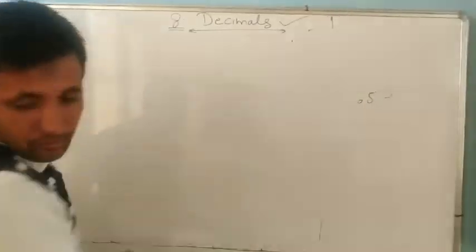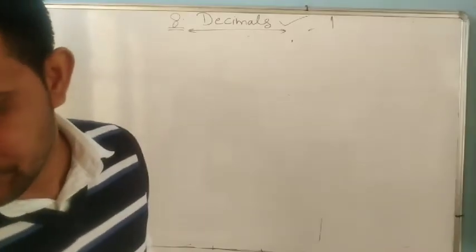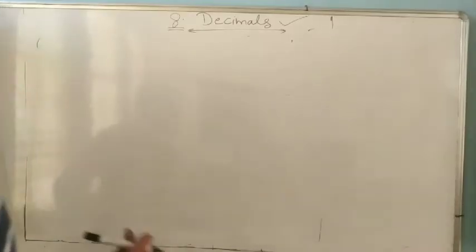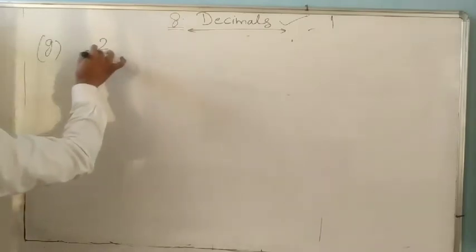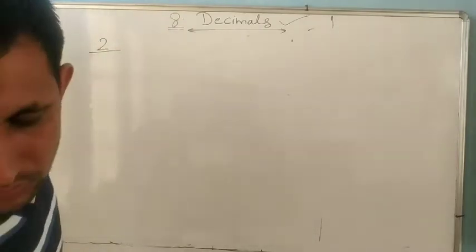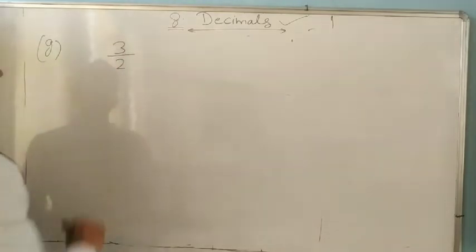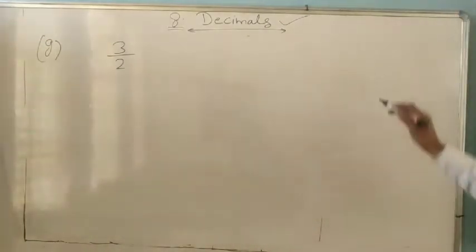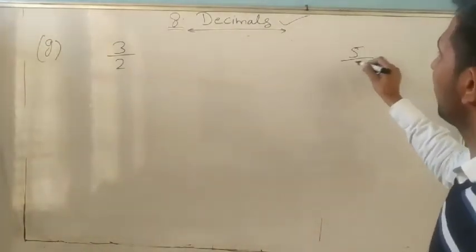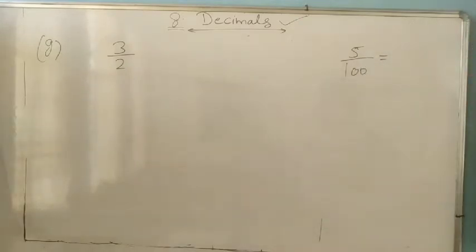One more part from question number 4 is which one? G part, so 3 upon 2, yes, 3 upon 2. Everyone knows, in decimal, suppose I write 5 divided by 100, how many 0s are there? 2 0s.